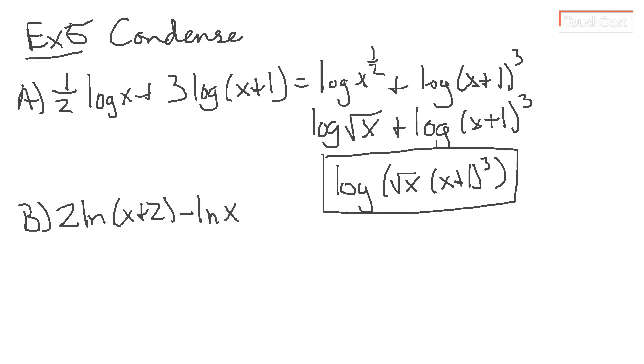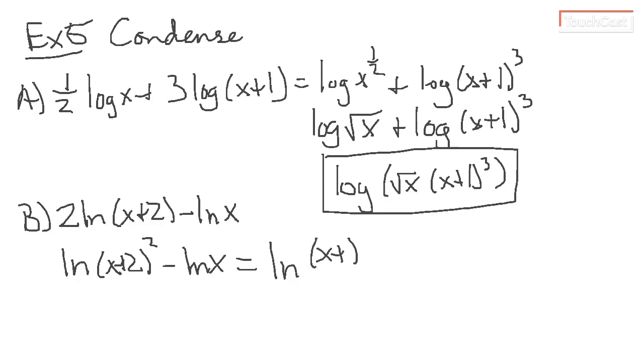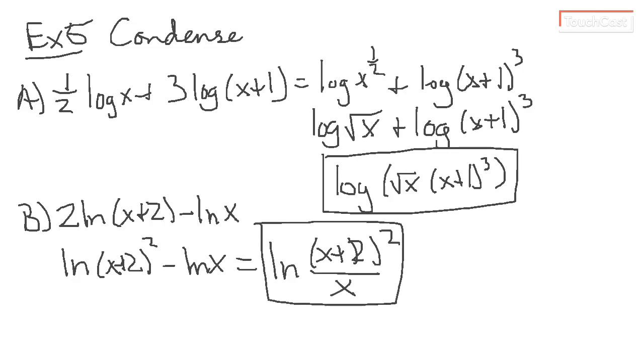So first, utilizing the power property, we can rewrite this as the natural log of x plus 2 squared minus the natural log of x. And then we can utilize the quotient property to rewrite this as the natural log of x plus 2 squared divided by x. And we've condensed it down to one expression.